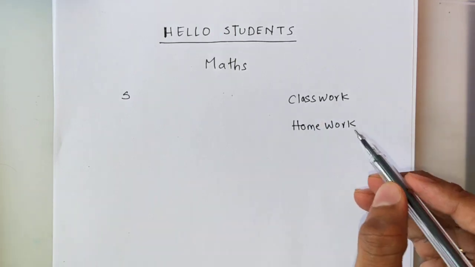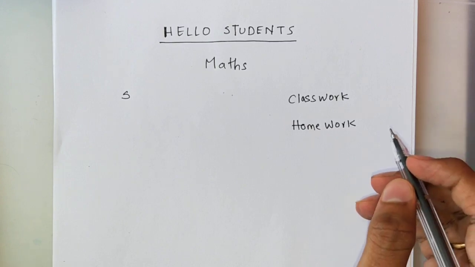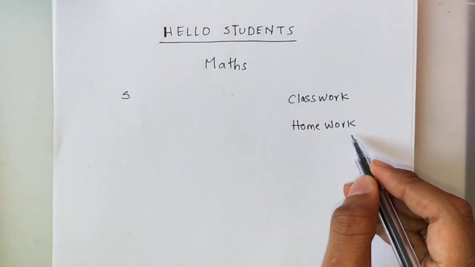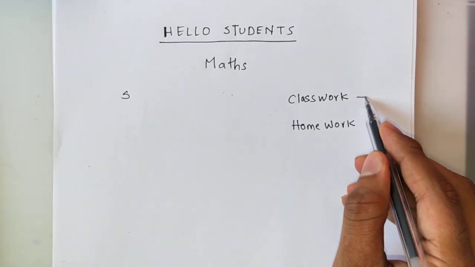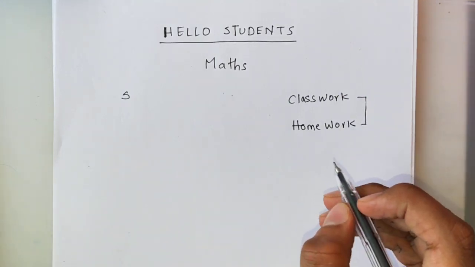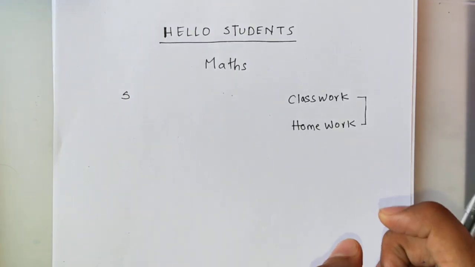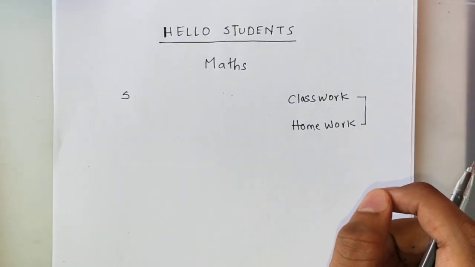The homework which I give you separately, I'll send all the homework in the group. That homework will be maintained in a separate book. So maintain two books. Always keep your books neat and tidy. Solve each and every sum properly, because those notes will help you for revision later.